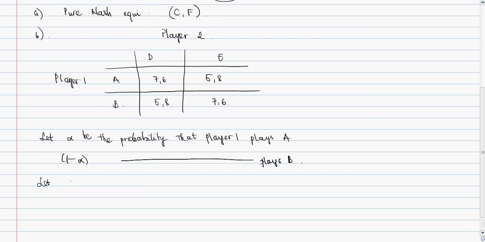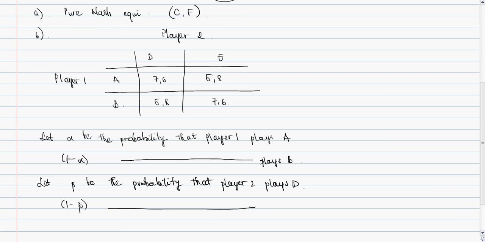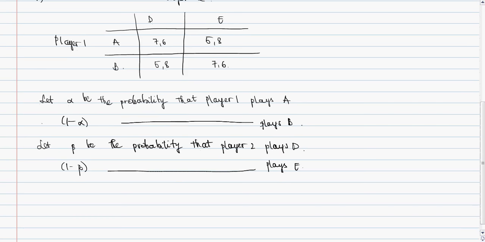Also let beta be the probability that player 2 will be playing D. Therefore 1 minus beta is going to be the probability that player 2 plays E. Okay, so I got alpha here, I got my 1 minus alpha here, I got beta here, I got 1 minus beta here.